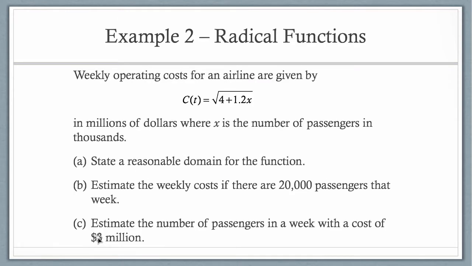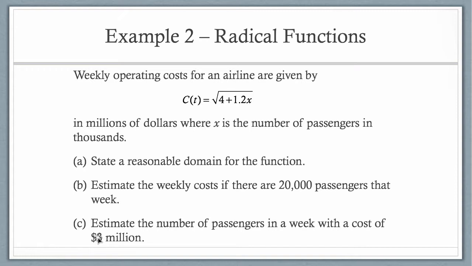In the next example, we're going to look at a radical function. Weekly operating costs for an airline are given by the function, which is in millions of dollars, where x is the number of passengers in thousands. Notice that my output is in millions, whereas my input is in thousands. The first thing we want to do is state a reasonable domain for the function. Remember that the domain is all possible x values.